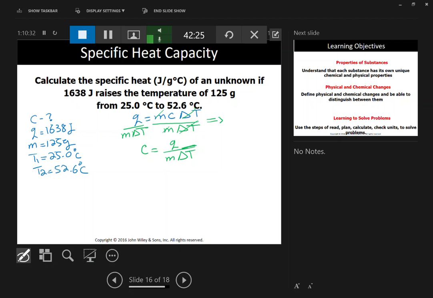Now we just have to plug in what's given to us. So C, Q is 1638 joules. Mass is 125 grams.